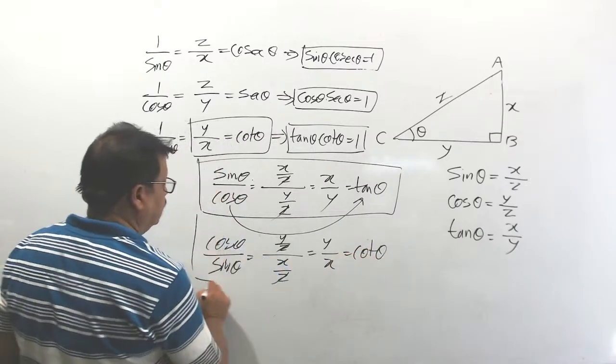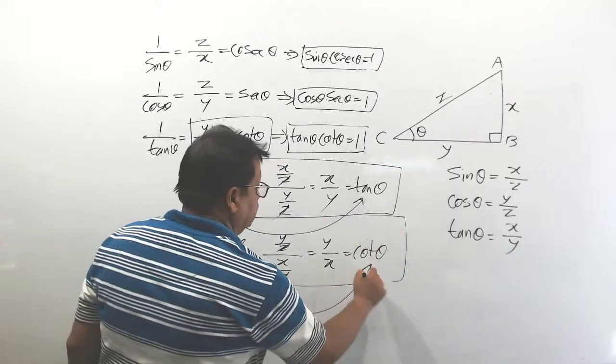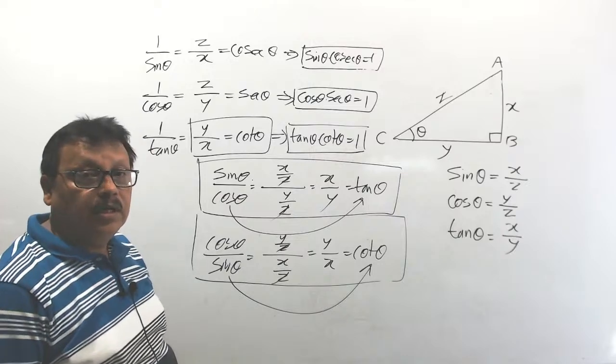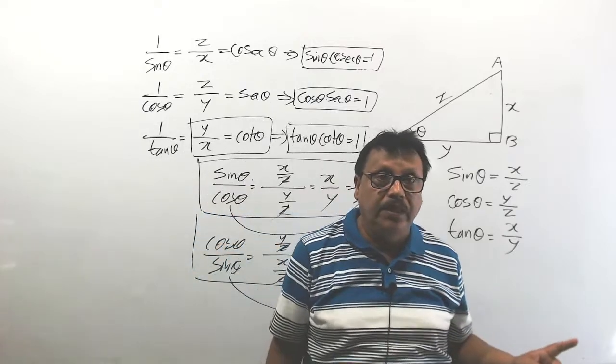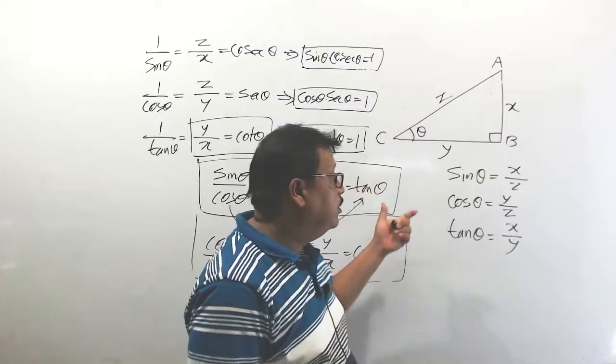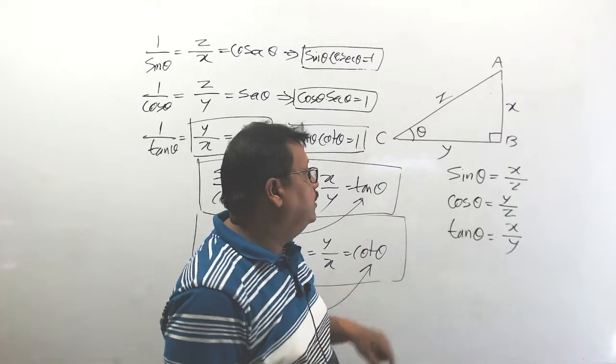Another formula: cos theta by sine theta equals cot theta. Understood? I am trying to show how these trigonometry formulas came, roughly.